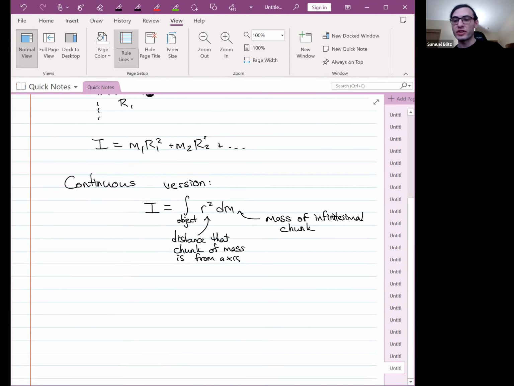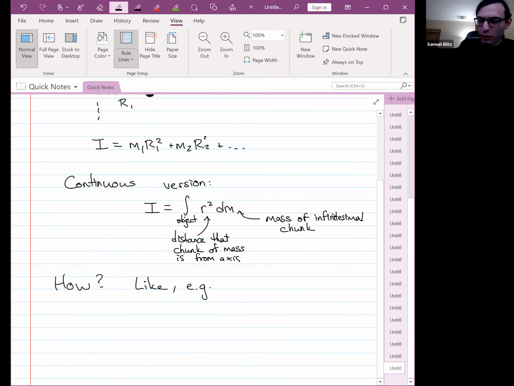We do this integral the same way that we do an integral for the center of mass. When we were finding the x component of the center of mass vector, the way that we did it was we wrote that the x component of the center of mass vector was the integral of x times dm, where x is the x coordinate.